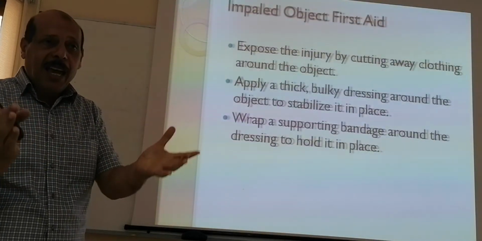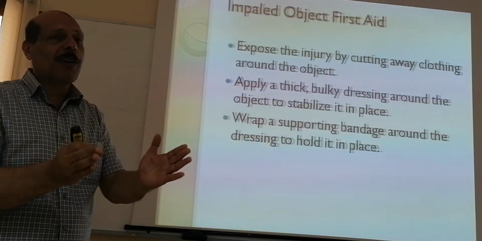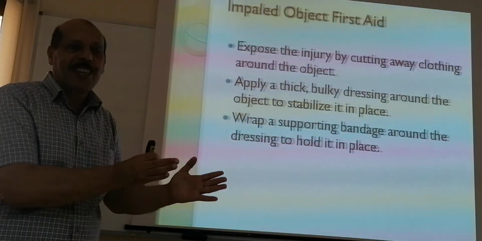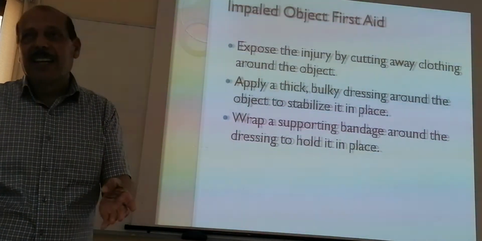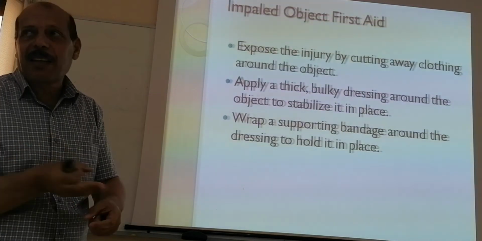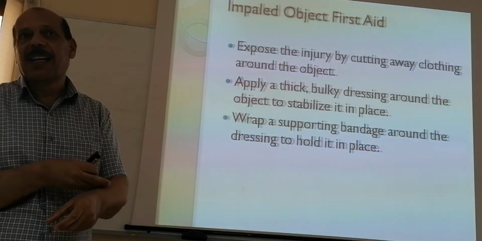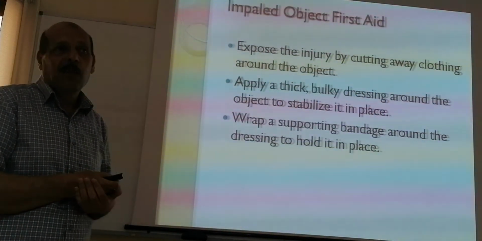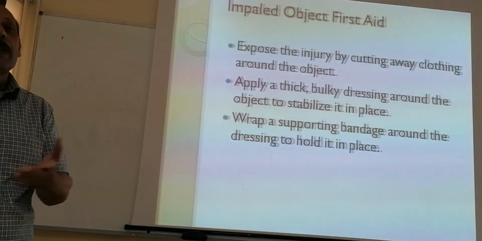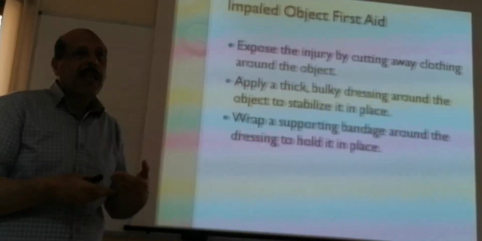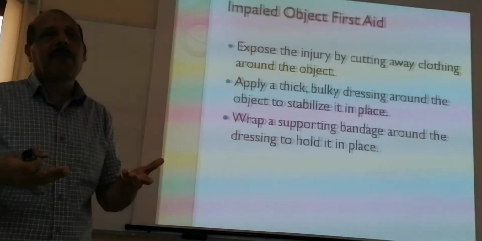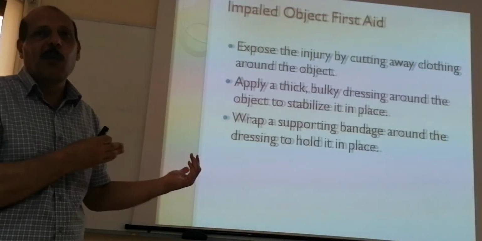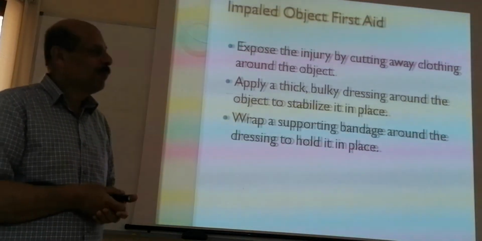Because they are ready for surgery there. If any injury or bleeding blood vessel is there, they can deal with it. But as a first aider, you don't have the opportunity or the facilities to deal with further injury.